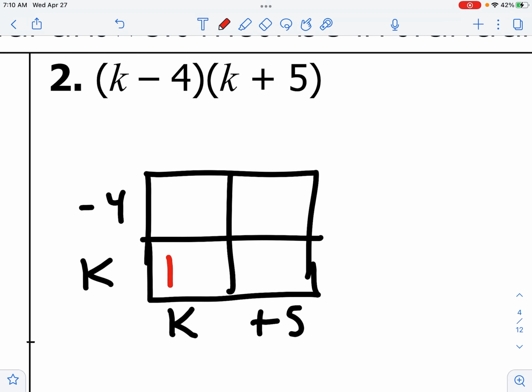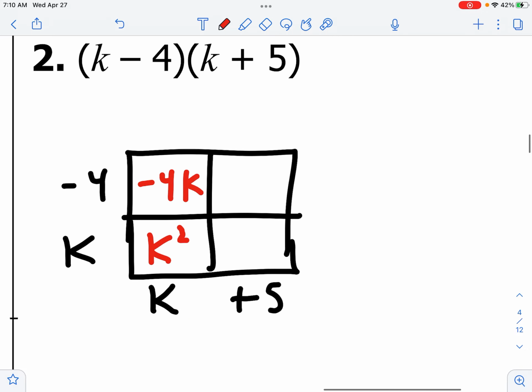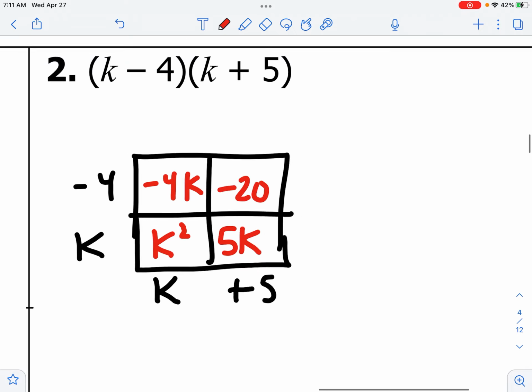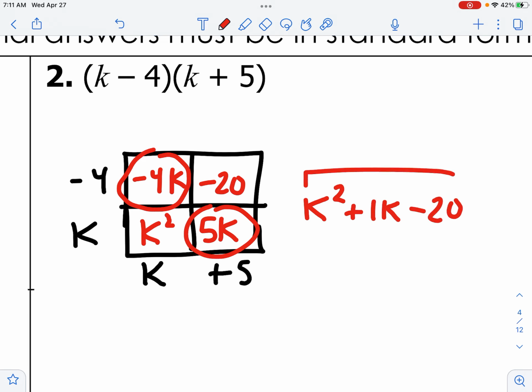So k times k is k squared. k times minus 4 is minus 4k. 5 times k is 5k, and 5 times negative 4 is negative 20. And then I write this out, combining my like terms as I go. There's my like terms. So I get k squared plus 1k minus 20.